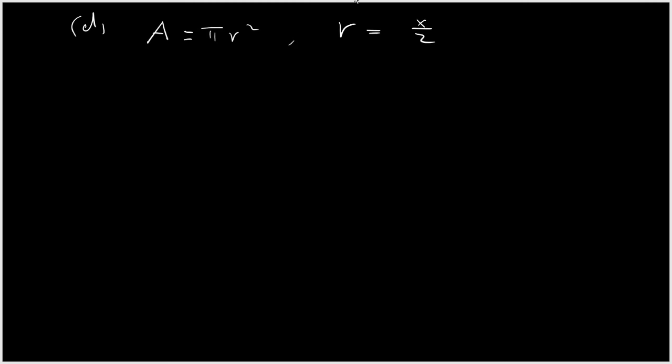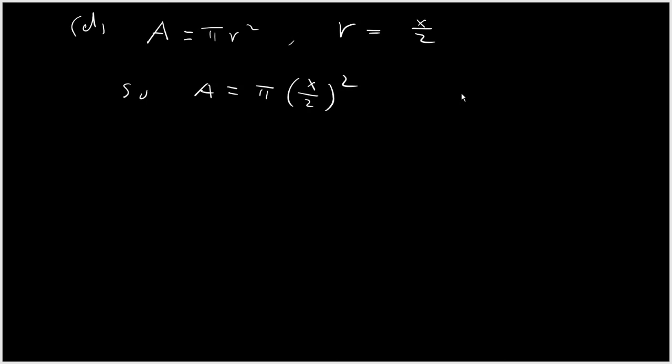But eventually we want a relation between A and x. Because we know the rate of change of A, which is 10 square centimeters per second, and then we are looking for the rate of change of x. So we have a relation between A and x as A equals pi times r squared. Wherever you see r, you replace r with half of x, the whole thing squared. Again, it's nothing but A equals pi r squared, right?